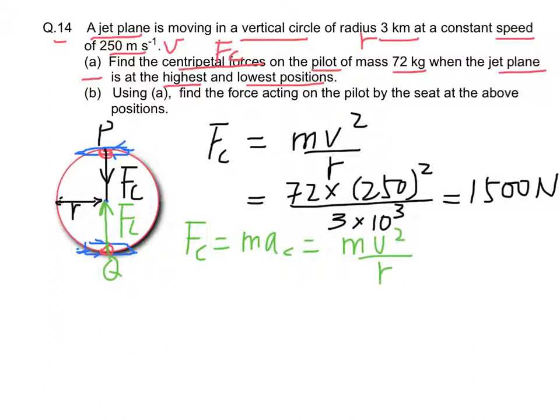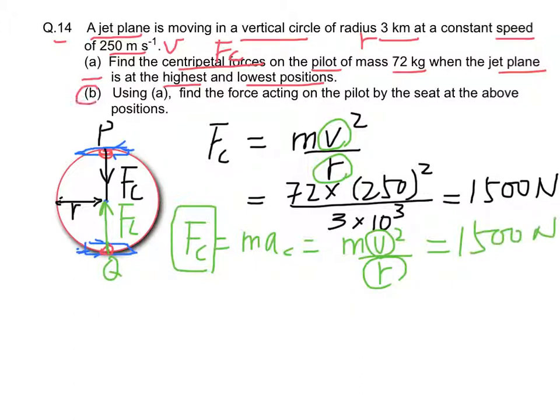Since the speed is constant and the radius is constant, we get the same value of centrifugal force acting on the pilot at the lowest point, which is again equal to 1,500 Newton.